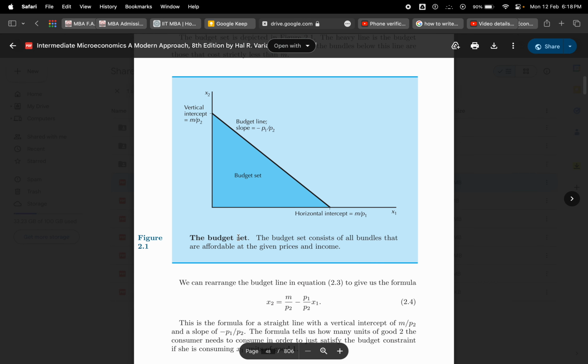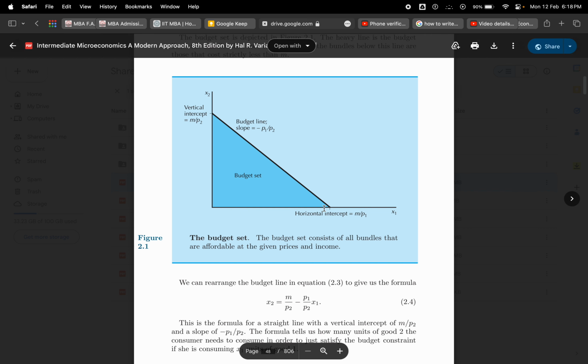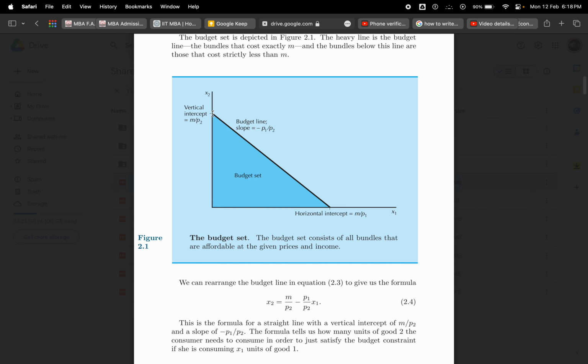This is your budget line. You have 100 rupees to buy apples and oranges, based on your preferences and prices of the goods. Let's suppose 50 and 50. Now quantity tax depends on how much tax is on which one. Let's suppose government puts a tax on X1.